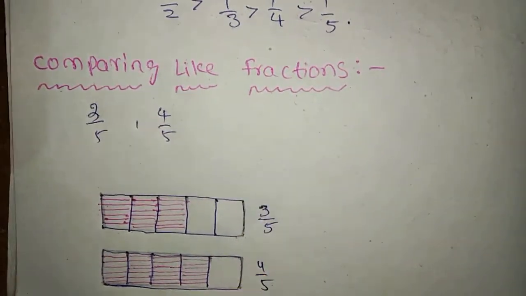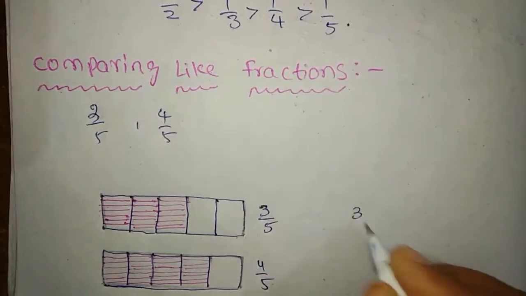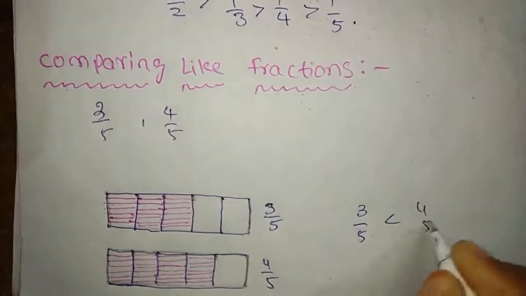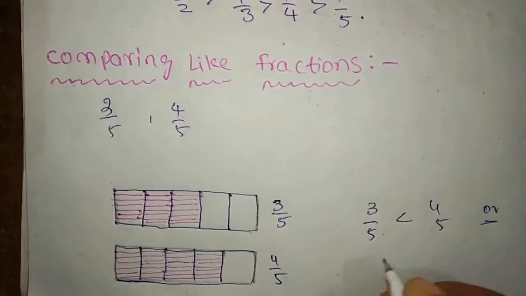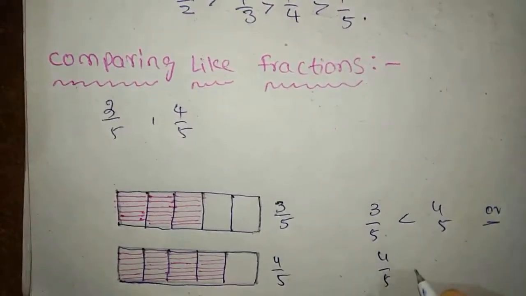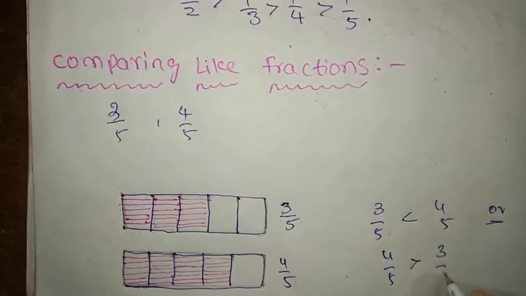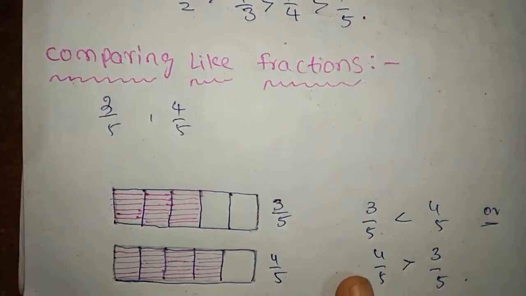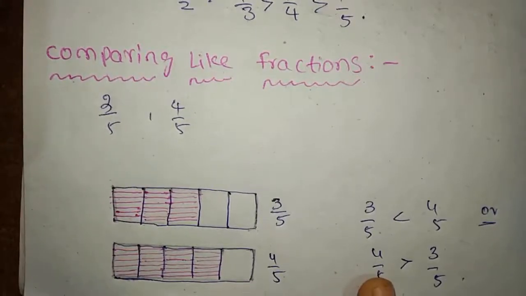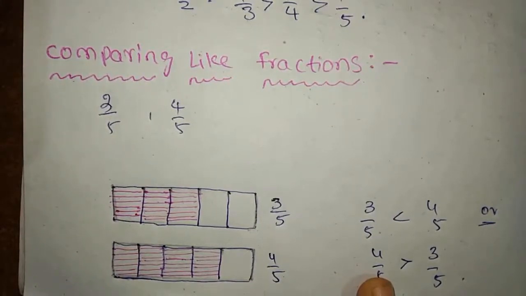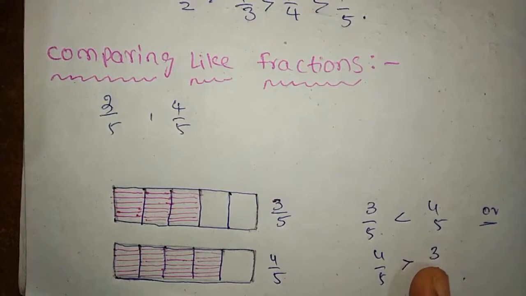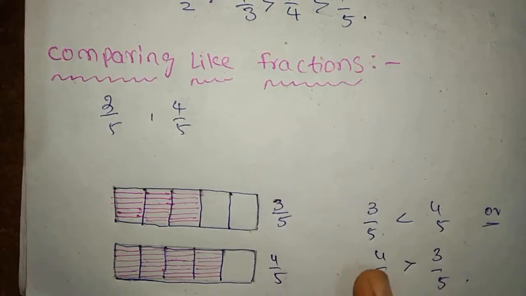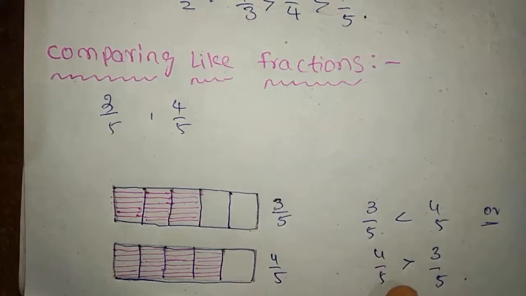That is, 3 by 5 is less than 4 by 5, or 4 by 5 is greater than 3 by 5. So when the denominators are equal, we can just compare the numerators. Then we can put the less than symbol, greater than symbol or equal to symbol.